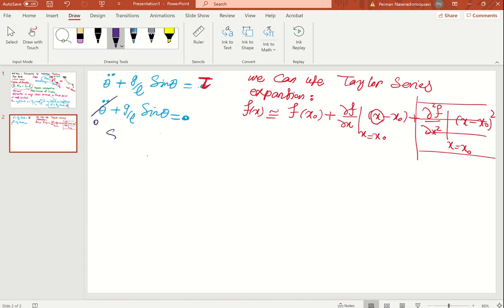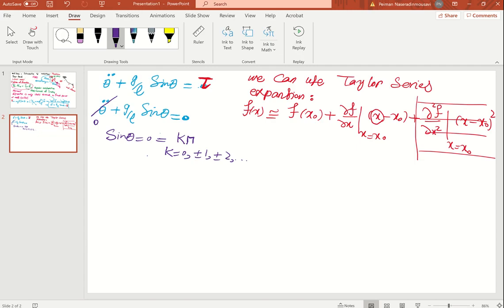So the remaining is that sine of theta is 0, which gives theta equal to k pi from trigonometry, and k can be 0, plus 1, plus 2, and so on. So now you have to judge. You have too many equilibrium points for this 1 degree of freedom robotic system, but you have to select a proper one.